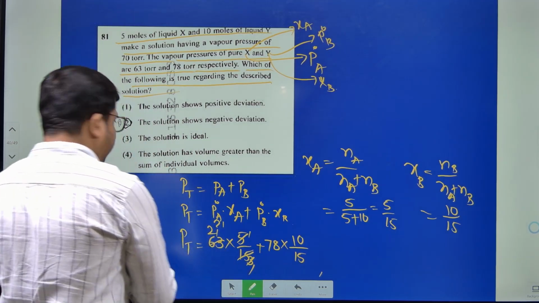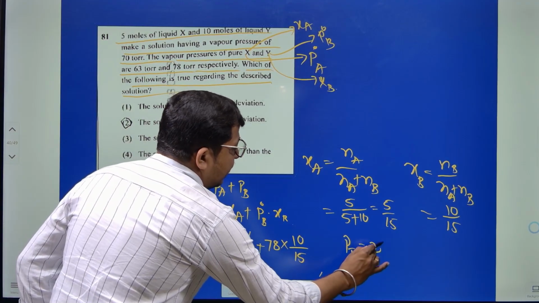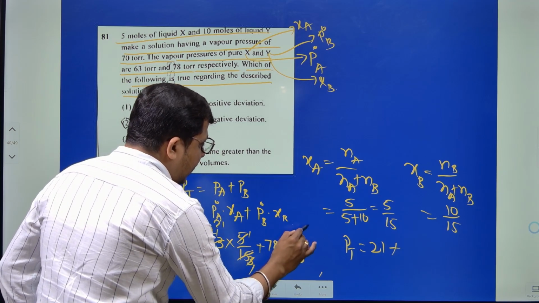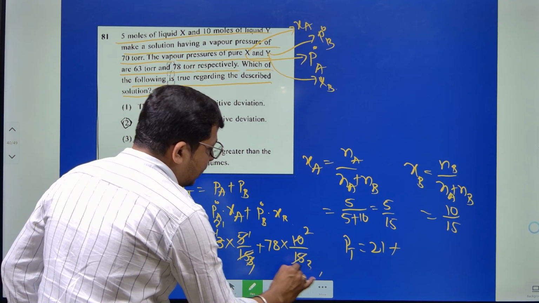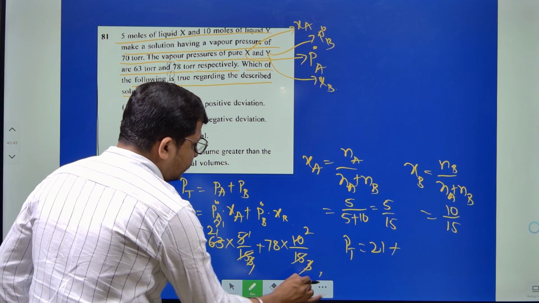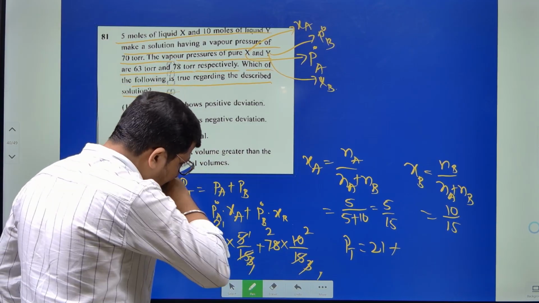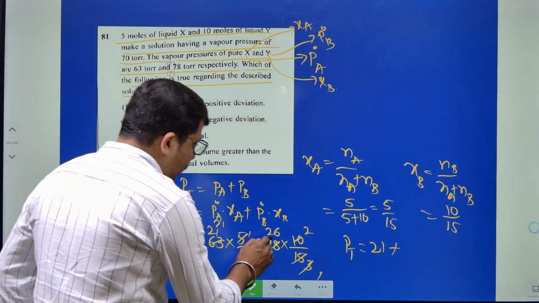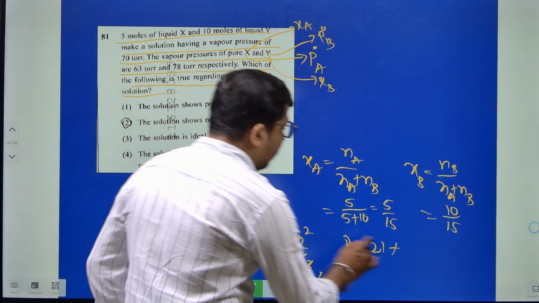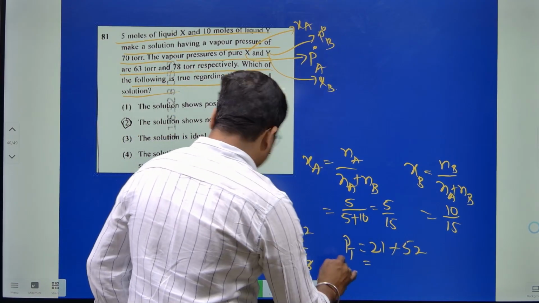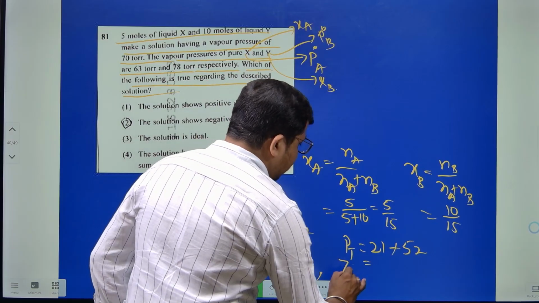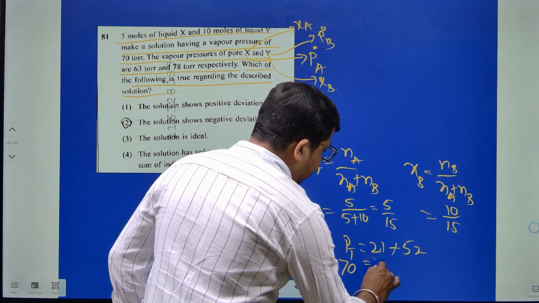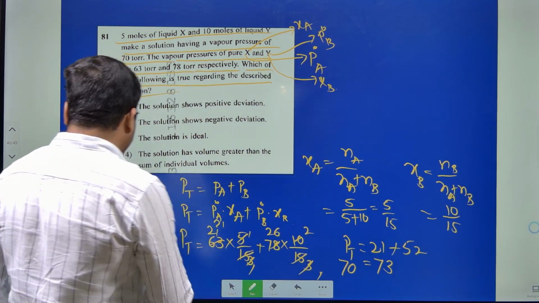So PT is equal to 21 plus 52, which is 73 torr, while the given value is 70 torr.